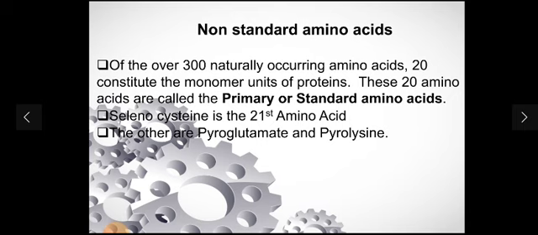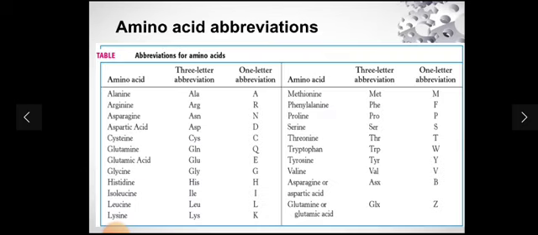The 20 are called primary or standard amino acids. And selenocysteine is the 21st amino acid, and the others are pyroglutamate and pyrrolysine. These ones can be described as new amino acids, about which some textbooks are silent.